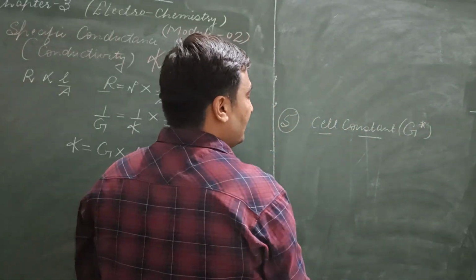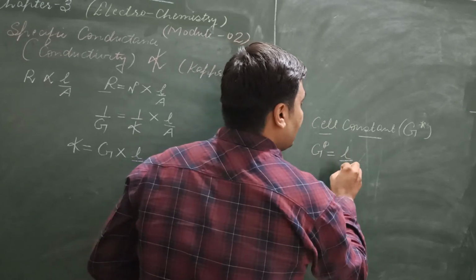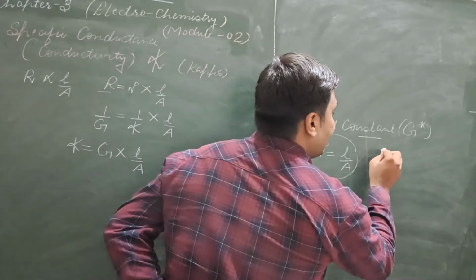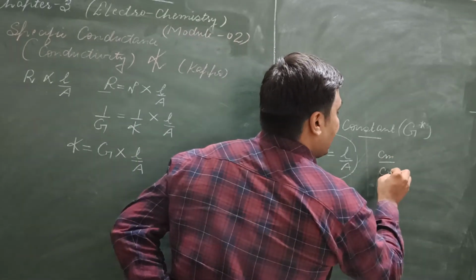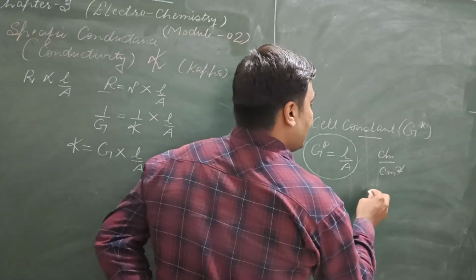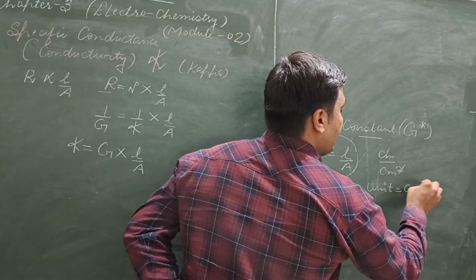So G star equals length by area, where length is in centimeter and area in centimeter square. We get centimeter inverse. It is the unit of cell constant. Centimeter inverse.